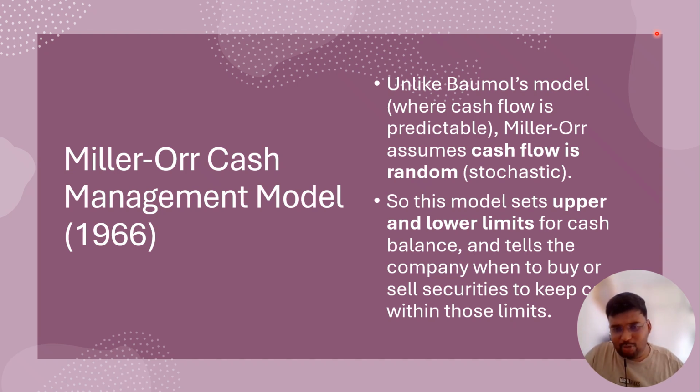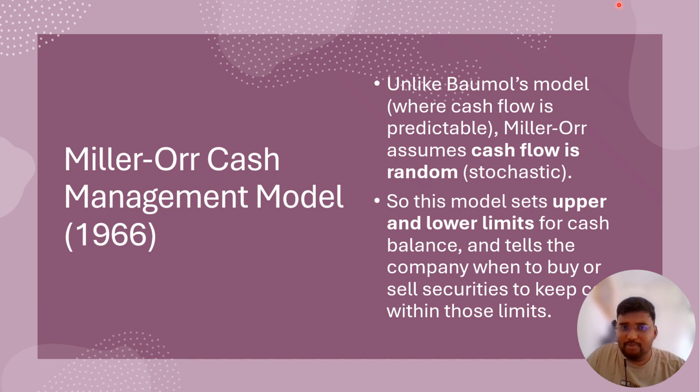So what this model is going to do, this model will set up certain limits. Upper limit, lower limit. If your cash is going above the upper limit, whatever is the margin between your current cash balance and the upper limit, that margin will be invested somewhere else.